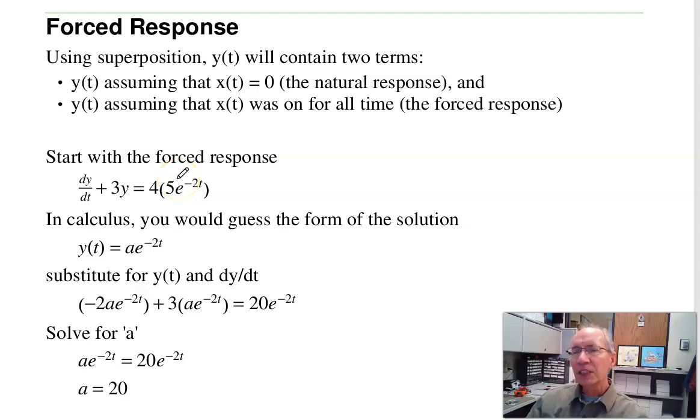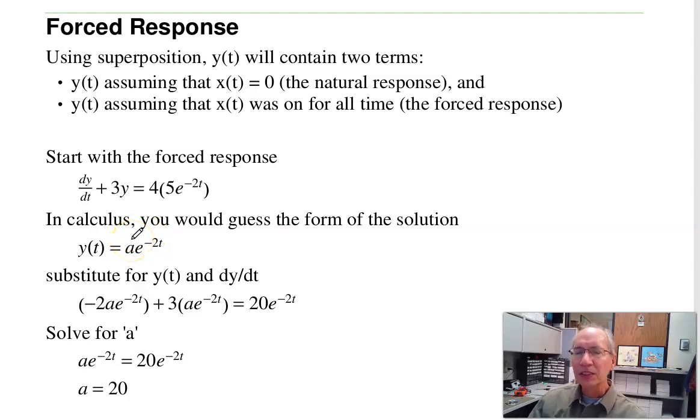Now to find y of t, the trick you use in calculus is guess what the answer is. So there's a little bit of art here. I'm going to guess the answer is the same form as the input times a constant that I don't know. If you guess right, it'll balance. If you guess wrong, it means your guess was wrong. Try again. Just from experience, I know that for linear differential equations, the output will be the same form as the input, just scaled by a constant.